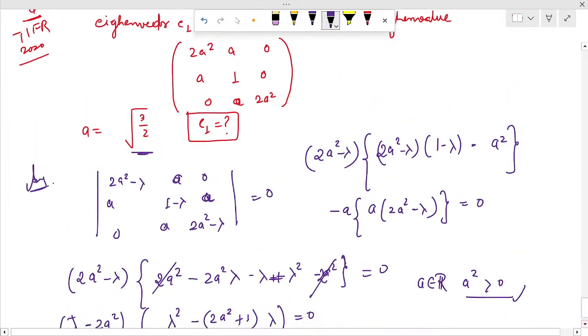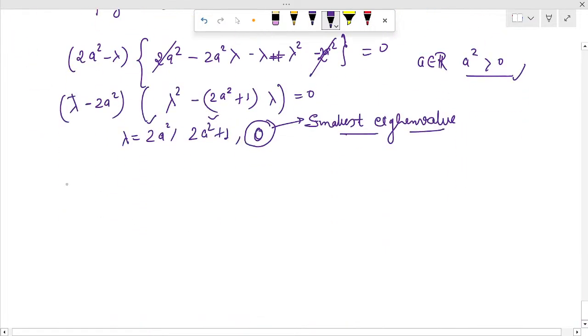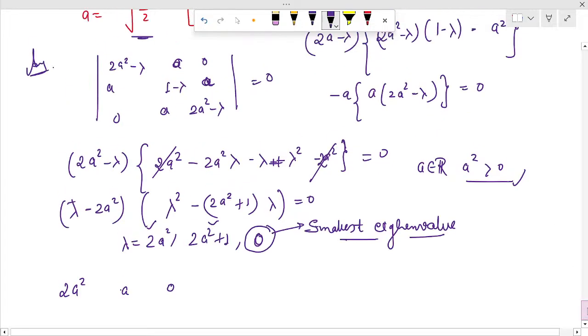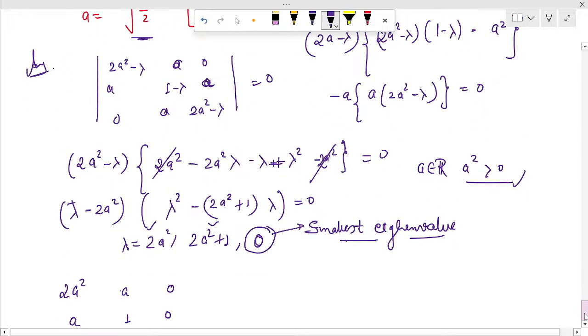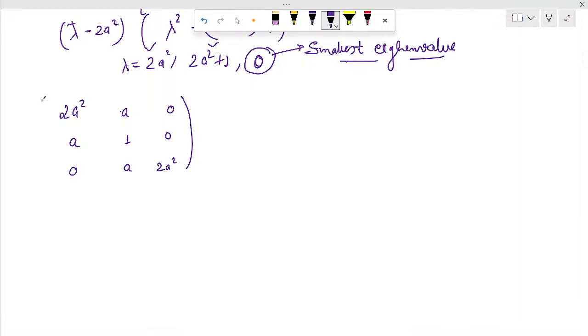In case of eigenvector, what we do is take this matrix and multiply it with the column vector. Lambda is 0, so forget about it. The matrix is 2a square, a, 0; a, 1, a; 0, a, 2a square, multiplied by x1, x2, x3, equal to 0.